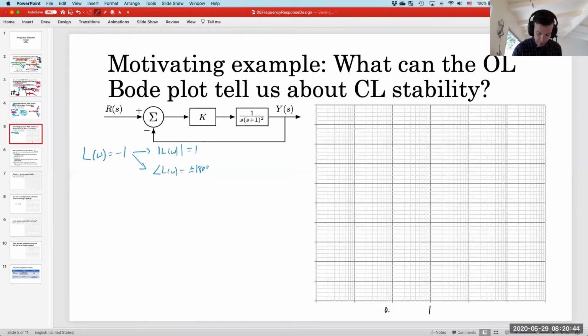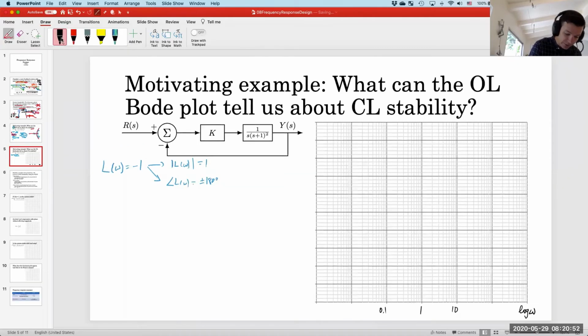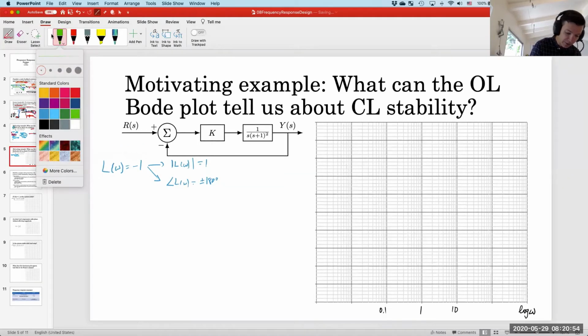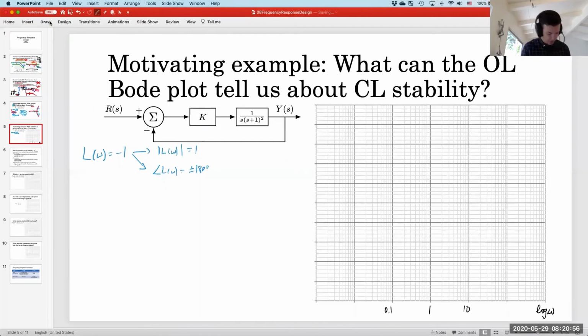So 1, 0.1, and 10. This is the log omega axis. We'll do the components in green, which is the standard so far. Let's put 0 dBs up here, and let's make these plus 20 and minus 20 dBs.